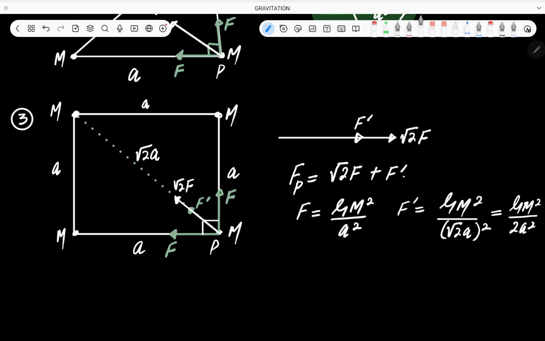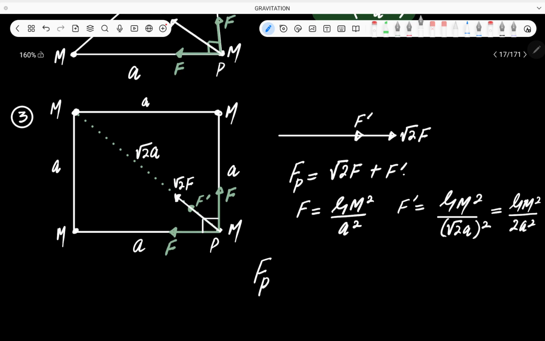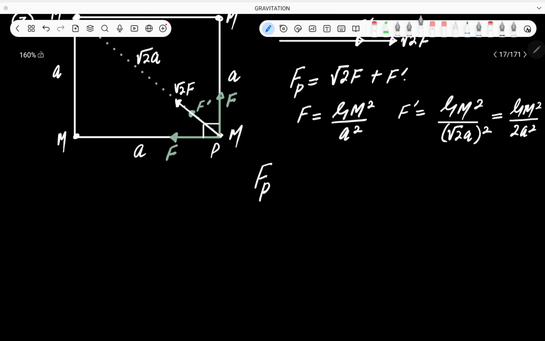Alright. Now what I will do is that I will put these two values, this value and this value, in this equation to get the net force on the particle P. Let me write that down here. So the net force on the particle P will be equal to, wait a moment.